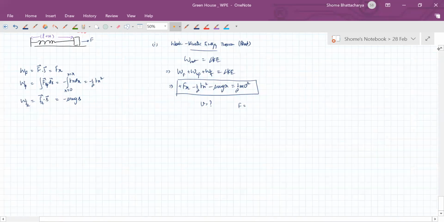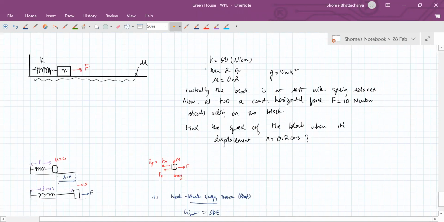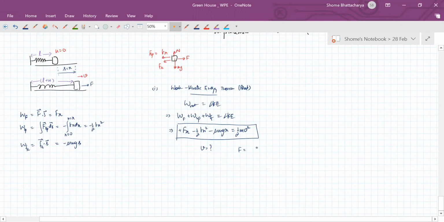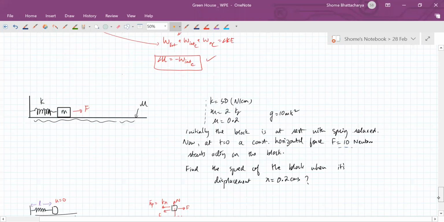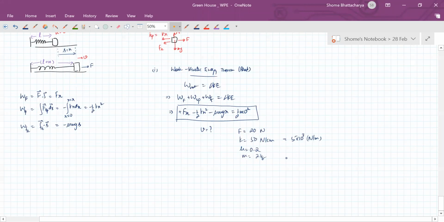After substituting everything that is there, we'll get the value of speed.